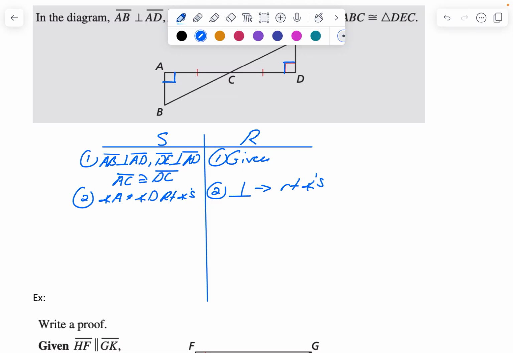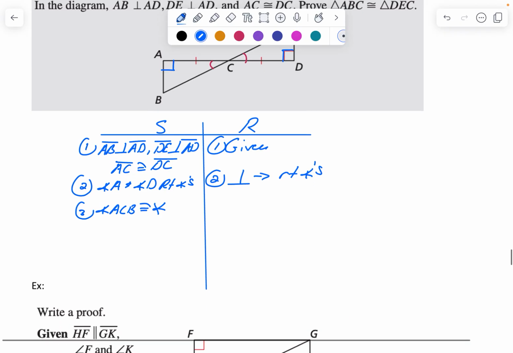Now, what else do we have? Well, on the diagram, can you see these are vertical angles? So let's talk about those. We'll say angle ACB is congruent to angle DCE. And that is vertical angles congruent. Now, in the previous section, we learned when you have a right triangle, there's the hypotenuse leg.